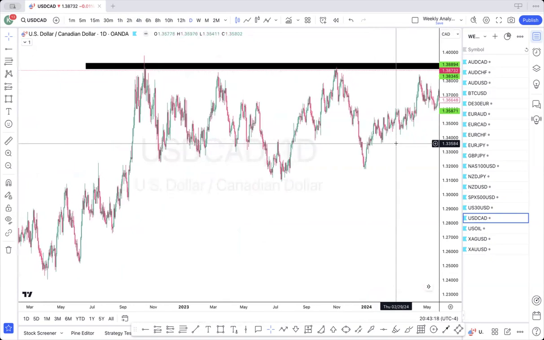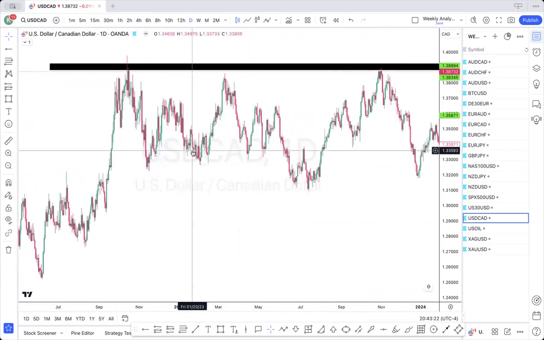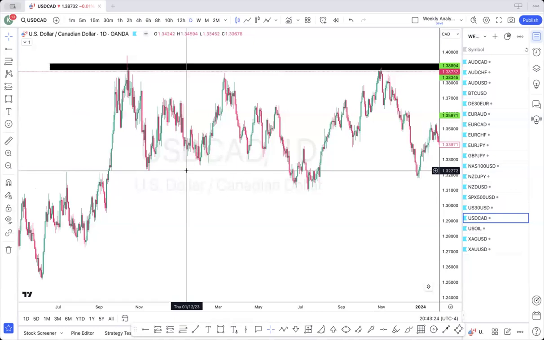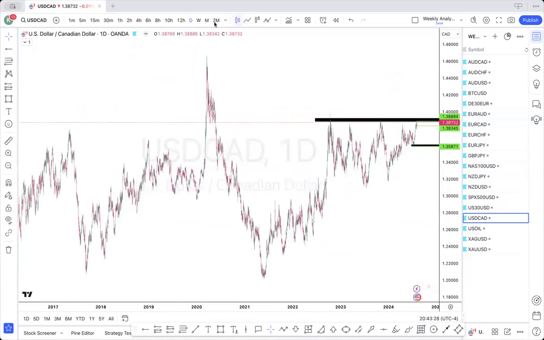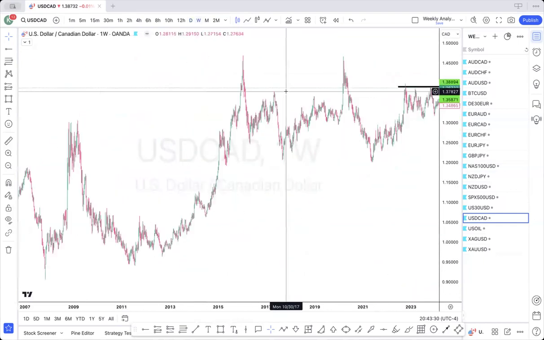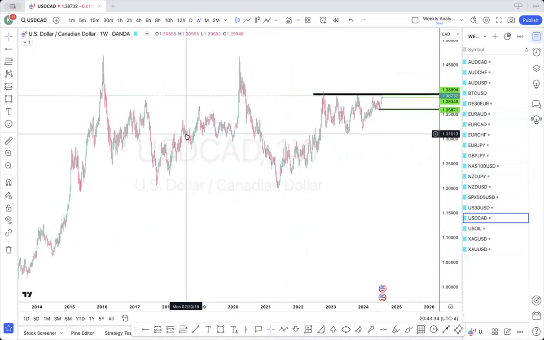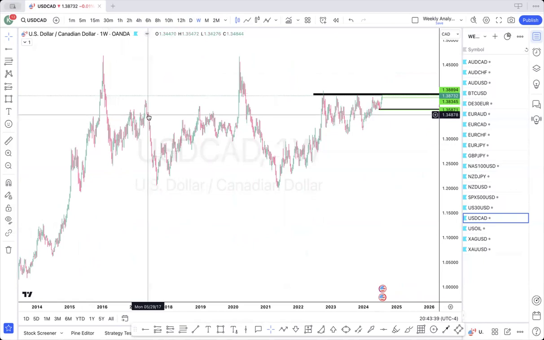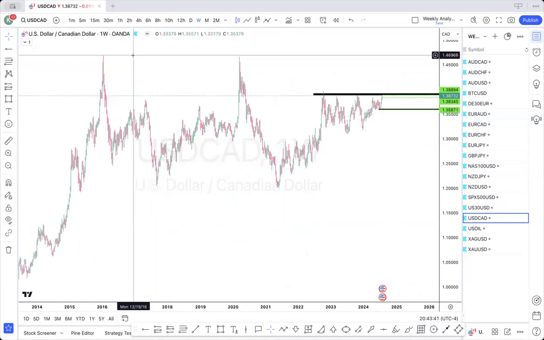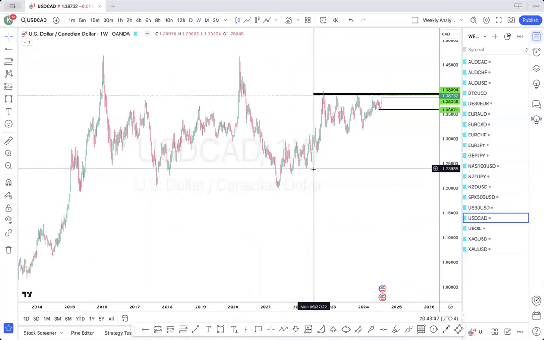So if we identify the swing, the higher time frame, I don't like this pair, USD CAD. Okay, so that broke below here, pulled back, did not break this high, and then started breaking these lows. Okay.